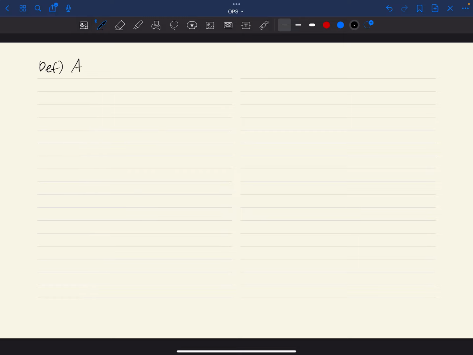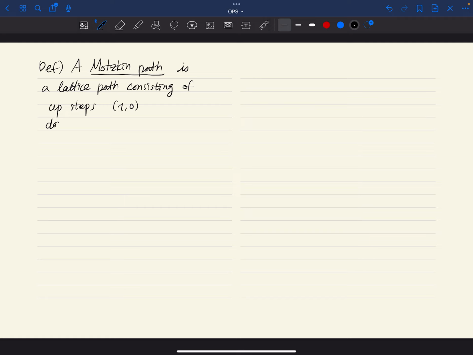So a Motzkin path is a lattice path consisting of up steps as before, (1, 1), down steps (1, -1), and horizontal steps (1, 0).